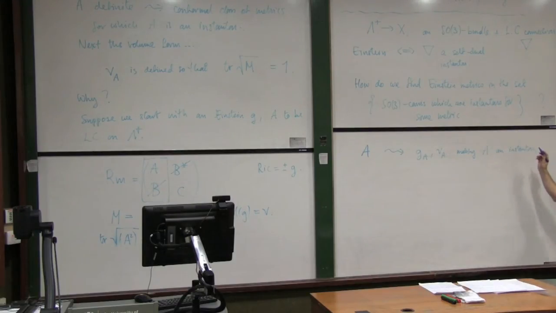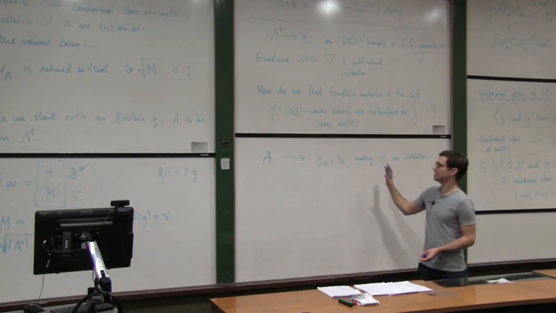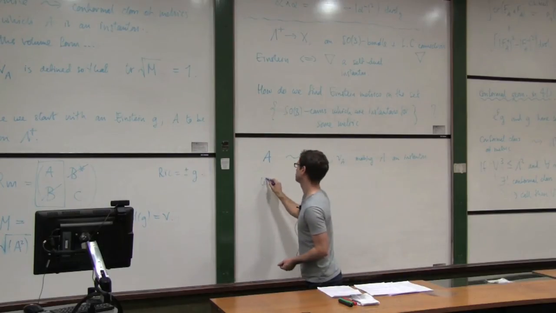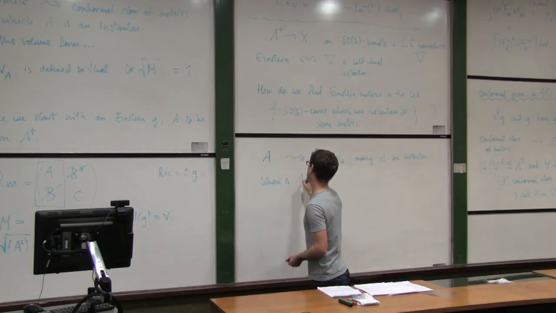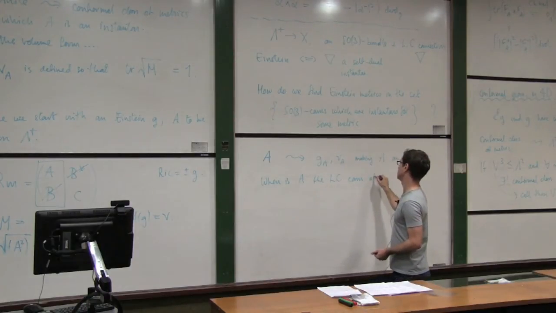On the other hand, we also know that an Einstein metric has the connection on lambda plus as an instanton. So can we recognize this as lambda plus, as the Levi-Civita connection? When is A the Levi-Civita connection of G?